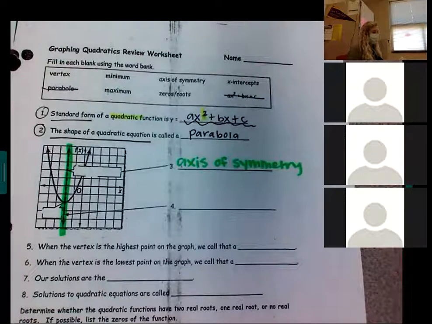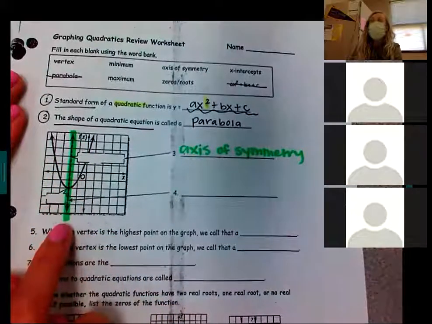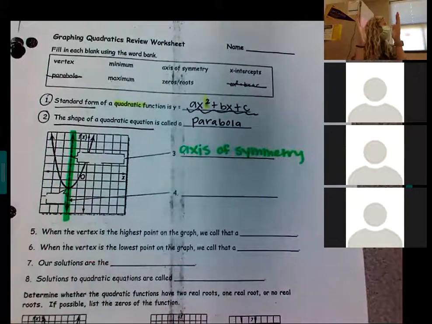I know they made y'all do that. They made me do it. And you would fold the paper in half, and then you'd cut out one half, and you'd open it up, and it would be 2 sides. You know what I'm talking about? That's called symmetry when it's the same on both sides. So I want y'all to look at this dotted line. Doesn't it cut the parabola into 2 equal sides?